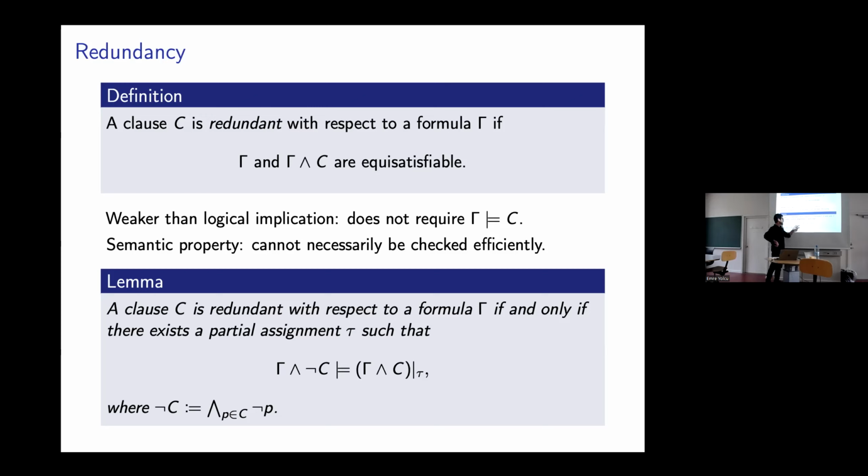And this says that if you have an assignment that satisfies your formula, but falsifies the thing that you're trying to add as redundant, let's say, to the formula, then I could first apply another assignment, and then on top of that, apply the assignment that satisfies your formula but falsifies this clause, so that the clause with this additional assumption made is satisfied.